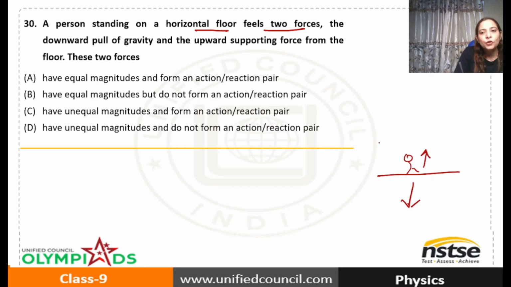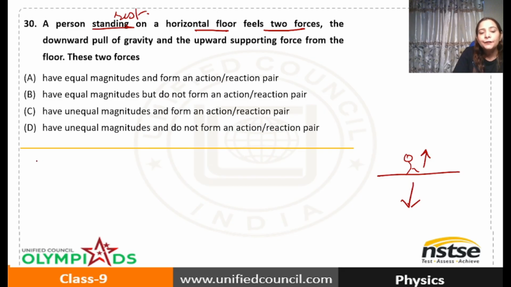See, the person is standing, that means the person is not moving, it is at rest. Option A says have equal magnitude and form an action-reaction pair. B: have equal magnitude but do not form an action-reaction pair. C: have unequal magnitude and form an action-reaction pair. D: have unequal magnitude and do not form an action-reaction pair.